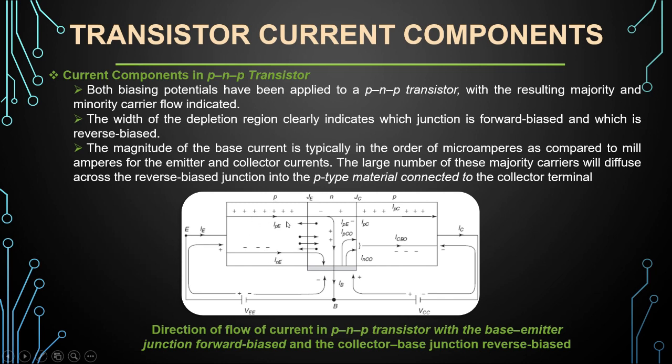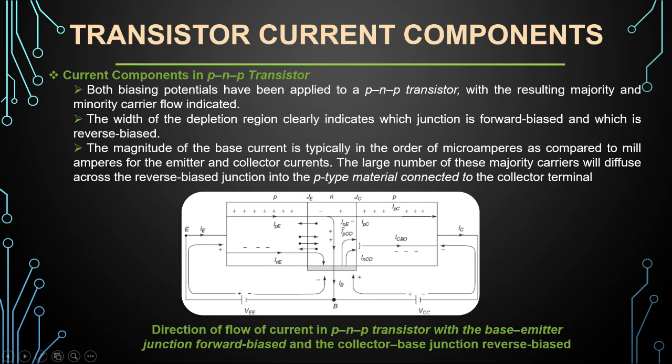In P type, holes are the majority carriers and electrons are the minority carriers. So this current is due to minority carriers. When the holes enter into the base, in the base there are electrons. So holes and electrons combine with each other, they recombine, and we get a flow like this of IB.